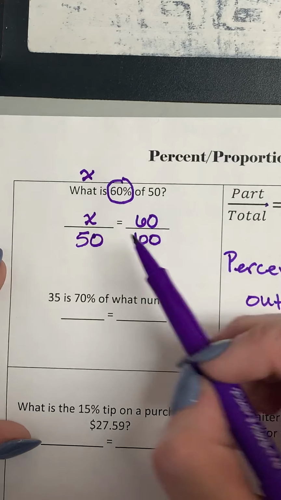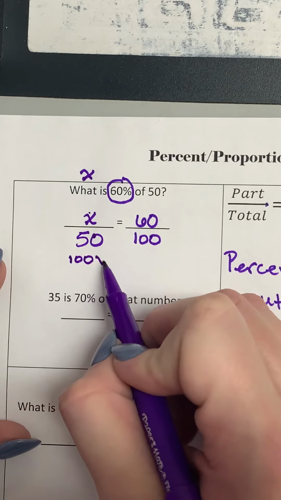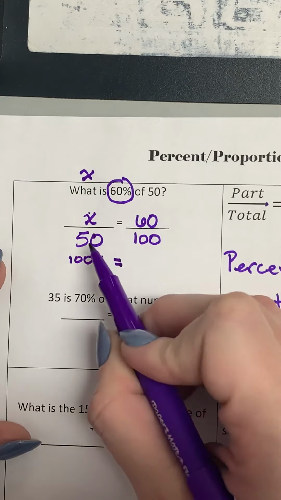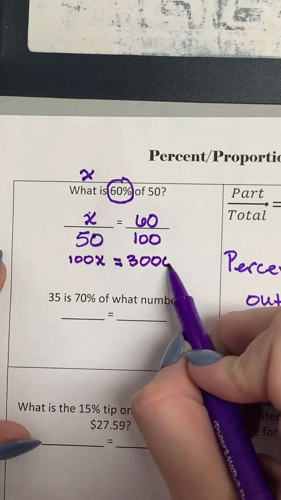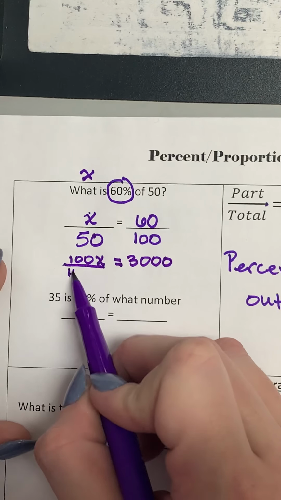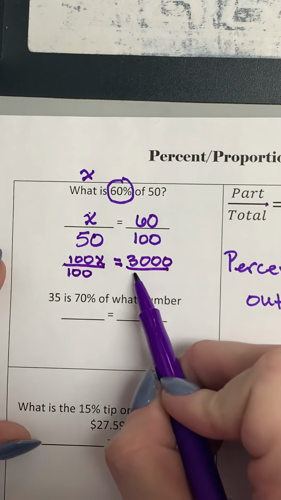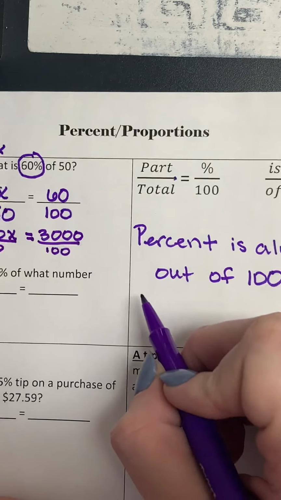So we're going to get our cross products. 100 times X is 100X. And 50 times 60 is 3,000. To solve for X, I would divide both sides by 100. And we have a rule for dividing by 100, so you might want to write this over here.